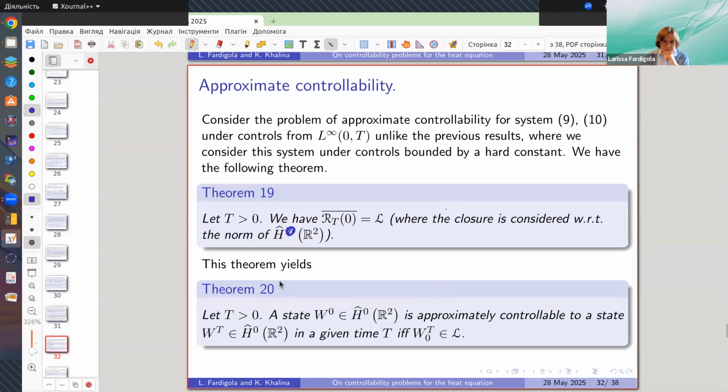And from this theorem, we obtain the following theorem. State W0 from H hat 0 is approximately controllable to state WT from H hat 0 in a given time T if and only if W0T belongs to L.